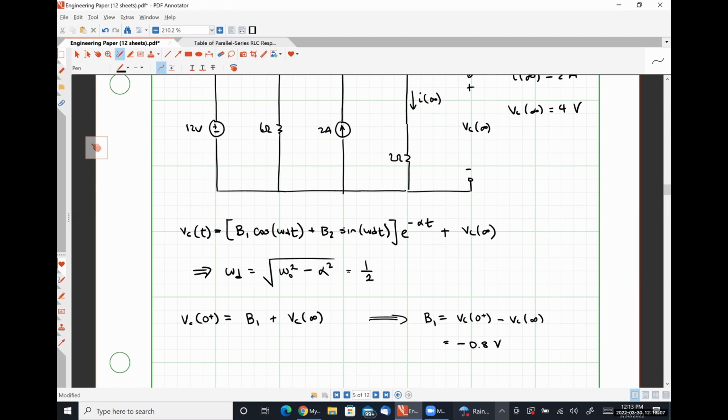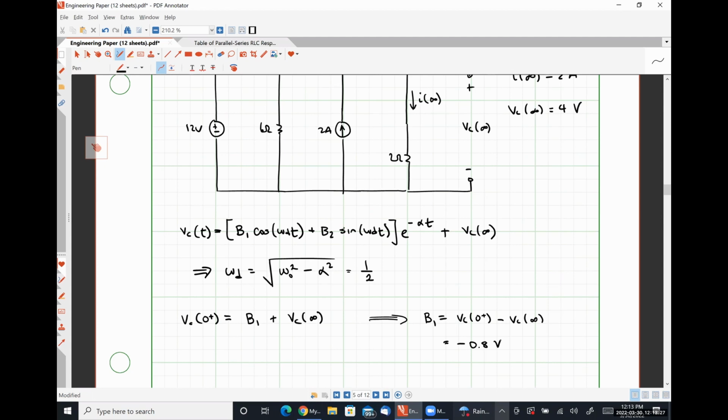All right. Are we okay with our calculation of our coefficient B1 here? Anything seem wild or crazy? The next thing that we are going to do is use the relationship for the capacitor current.